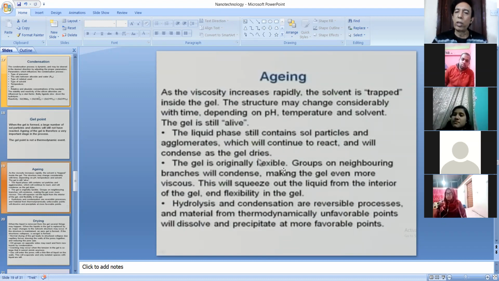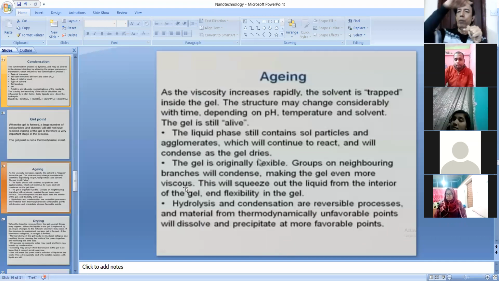The gel is originally flexible. Groups on neighboring branches will condense, making the gel even more viscous. Originally, the gel is flexible. That means the structure of gel can be changed. Say for example, after some time it becomes this way, after some time it becomes that way. The structure of gel can be changed.